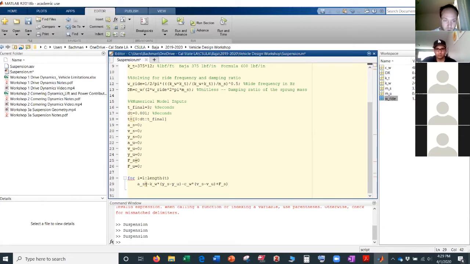And then we have this whole quantity divided by the sprung mass.